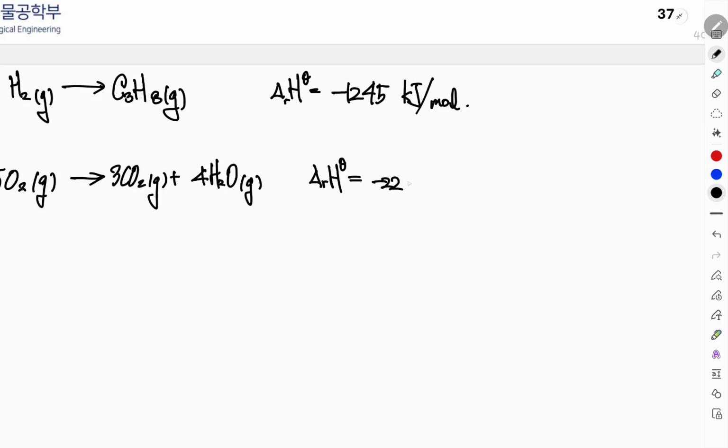And we would like to know the combustion of propane, so we should first write this chemical reaction.